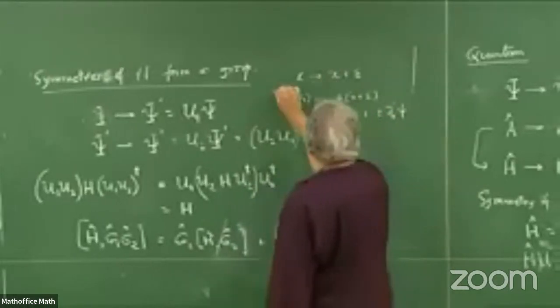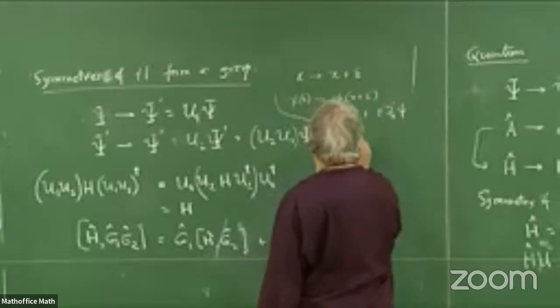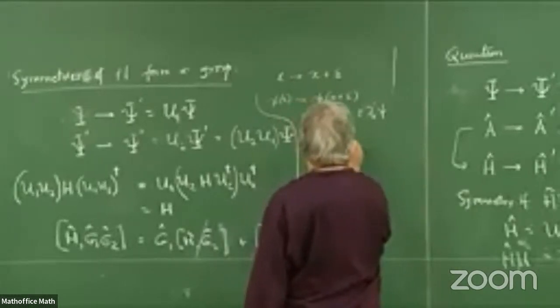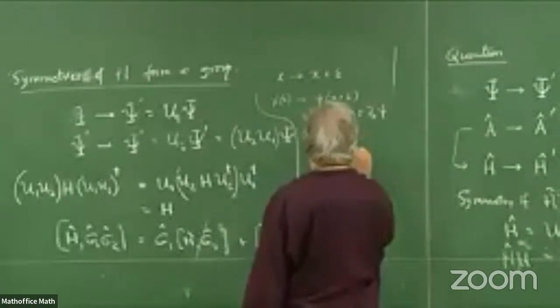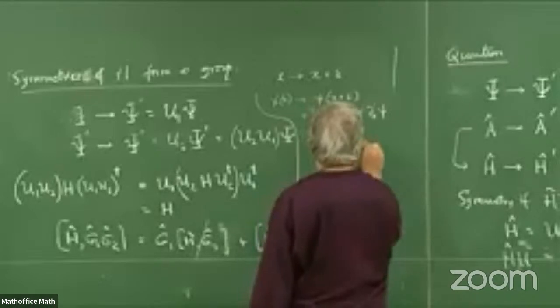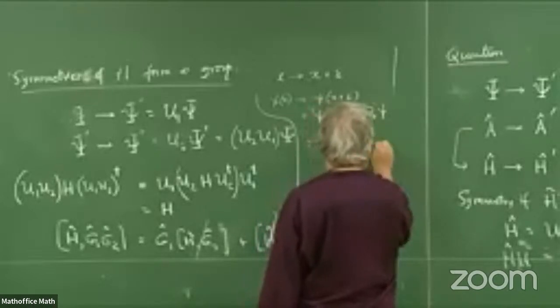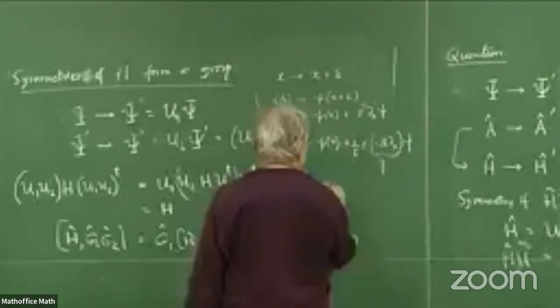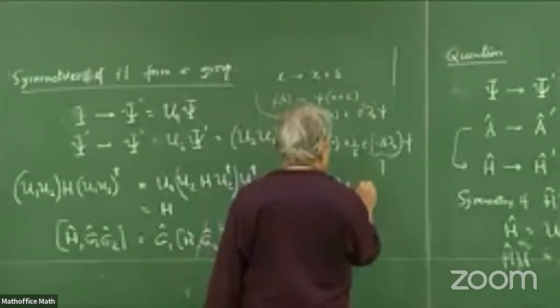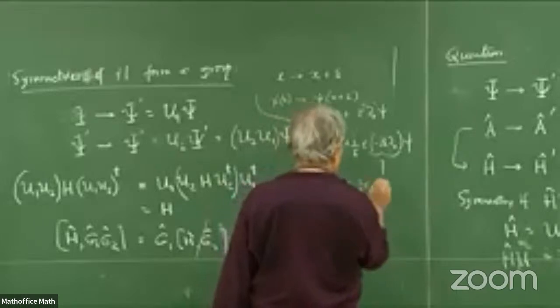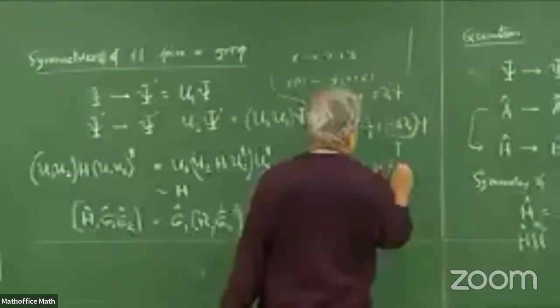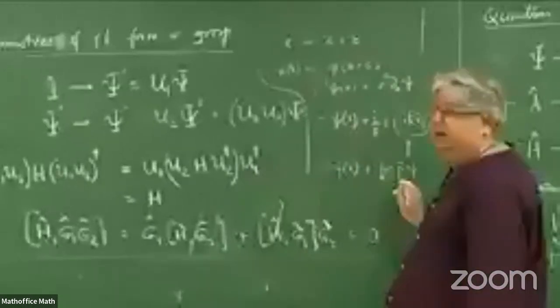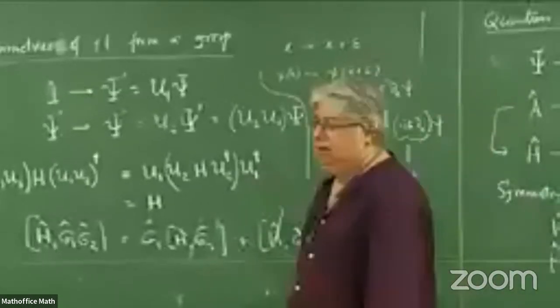You can write that, it's a very simple-minded approach, as one plus i over h-bar epsilon times minus i h-bar del x, which is the momentum operator.